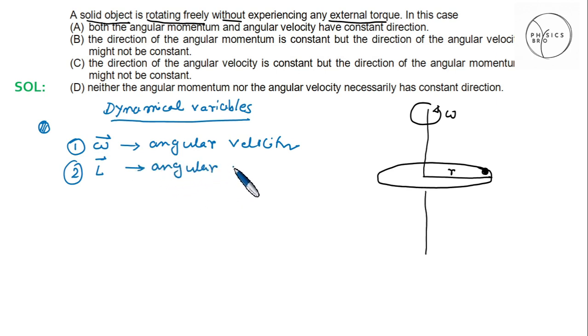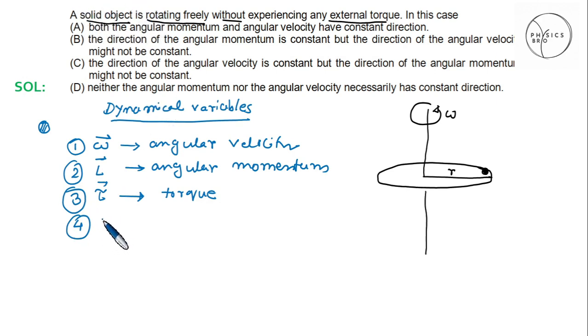Number three, we need some torque. Torque acts like force. This is very important because we are talking about a solid object. So this is I, the moment of inertia. Why are we taking I? Because this is a solid object. If it is said that this is a point object, then we don't need this I.